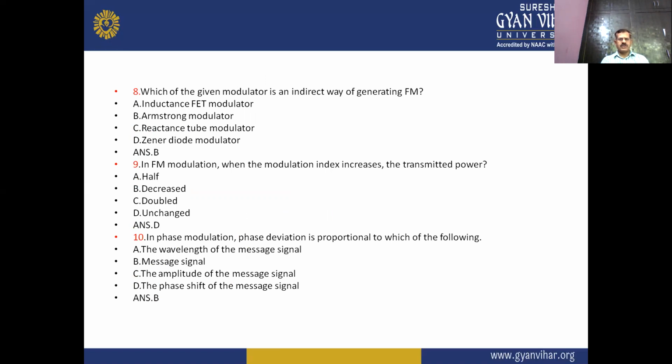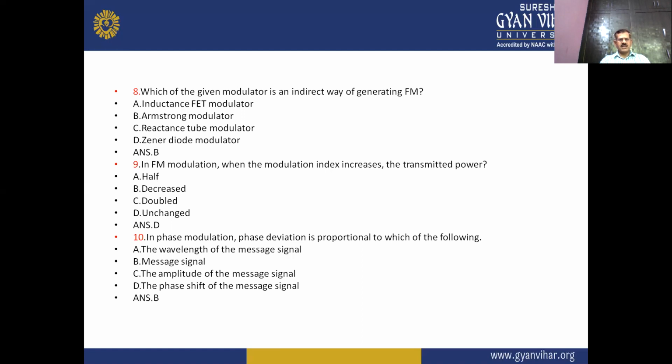In the next question, which of the given modulators is an indirect way of generating FM, frequency modulation? Option A, inductance field effect transistor modulator. Option B, Armstrong modulator.